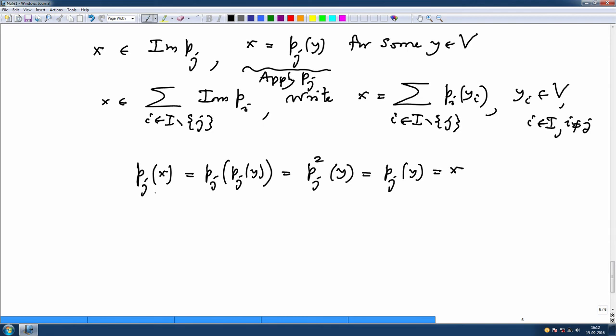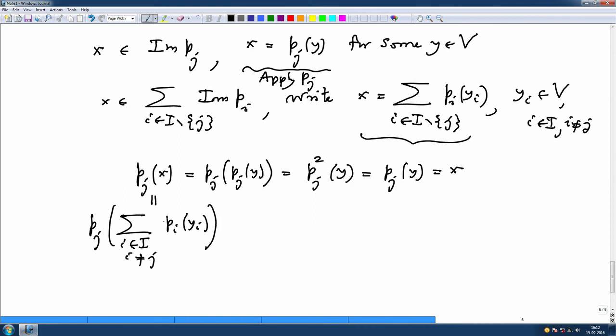Now I will compute Pj of x by using this sum. So I apply Pj to this. Pj applied to the sum over i in I, with i not equal to j, of Pi of yi. This is a finite sum anyway, and Pj is a linear operator, so I will put that inside.